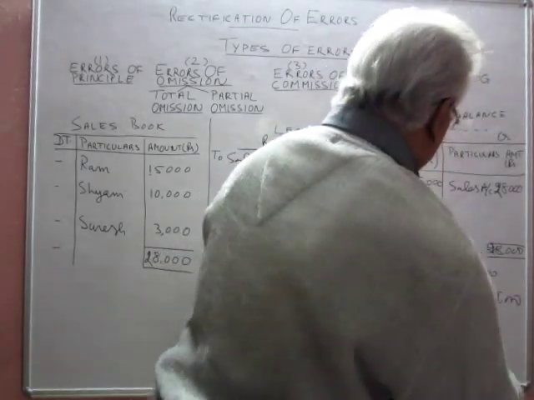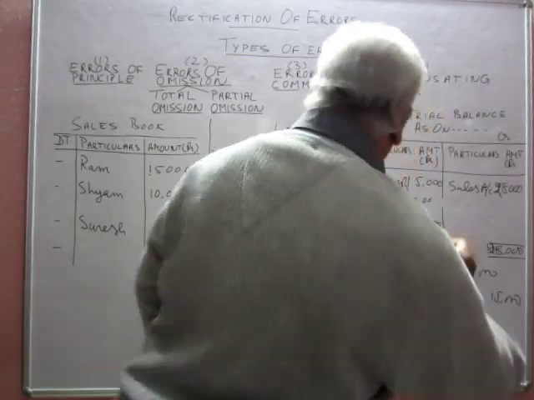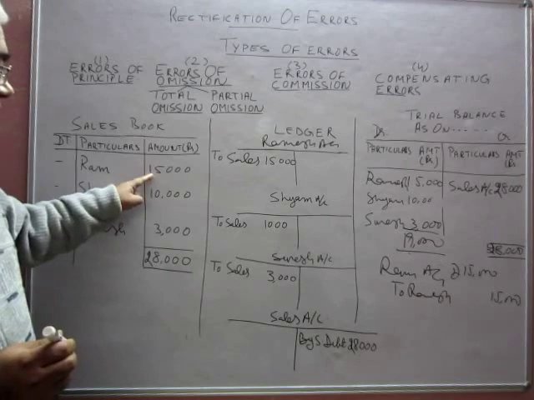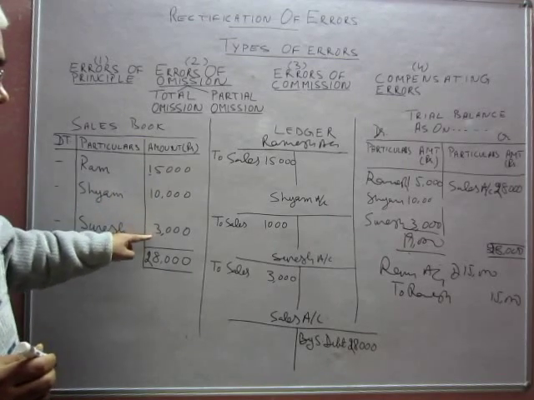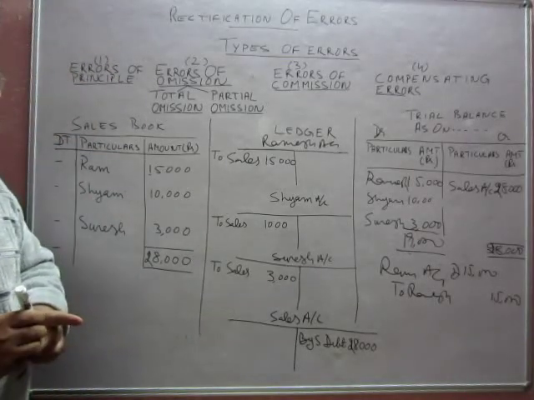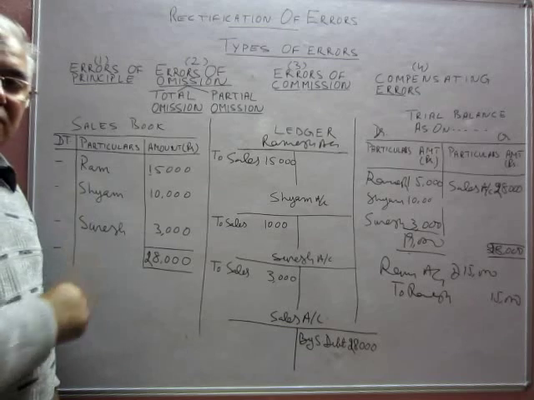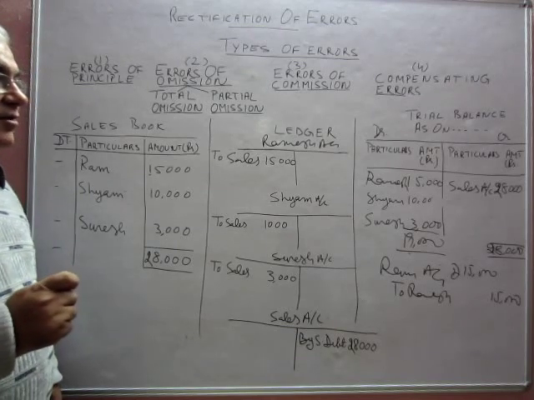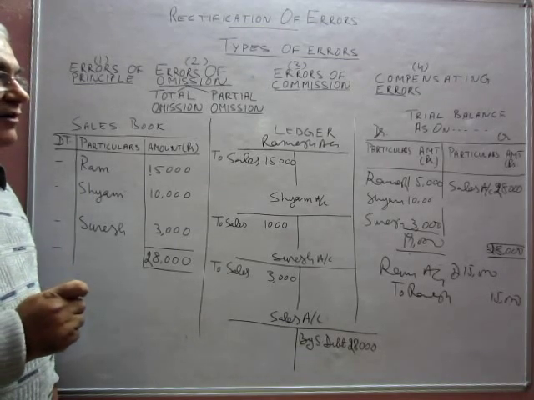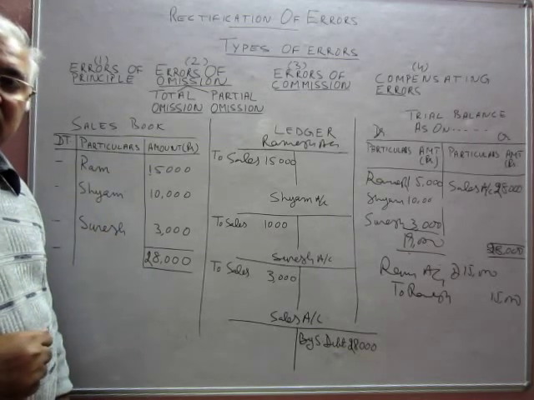It will become 19,000. But here the amount will be 15 plus 10, 25 plus 3, 28. It will be 20 on this side. Now what is the difference? 9,000. Your credit side is more by 9,000 for the simple reason that instead of debiting Shyam with 10,000, you have debited him with 1,000.